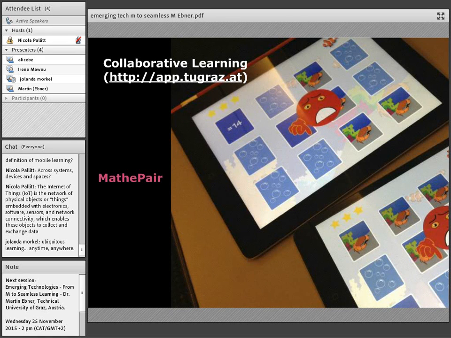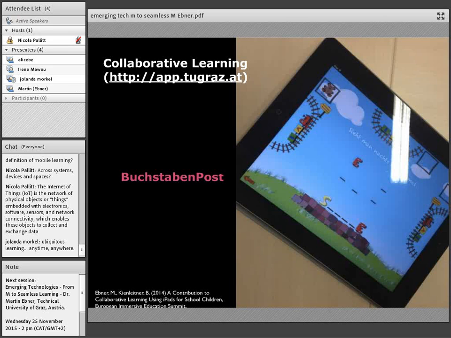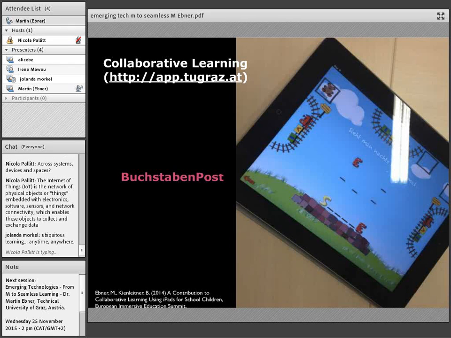It's also connections through devices. Maybe one of the funniest things we have done in our research work was Buchstabenpost, or letter post, snail mail in English. The idea was that up to 4 devices are one game, and you get, for example, a question. This question translated to English would be: would you see it in the night, and we are asking for stars, and you get a couple of letters.